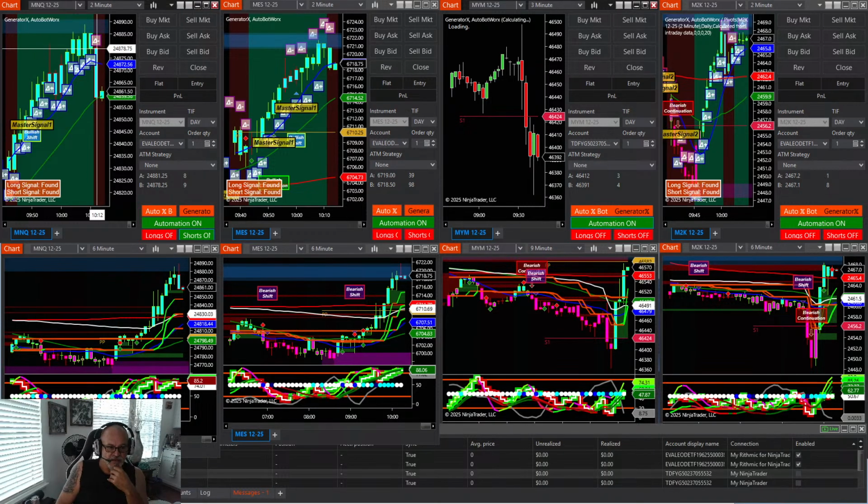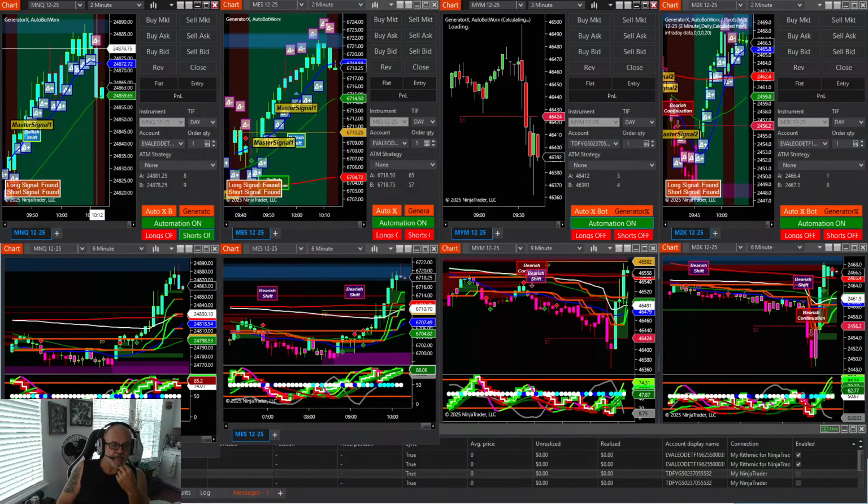But that 10 o'clock turnaround could very well be a move back to retest the 200 and then continue back up for the day. We will have to see.